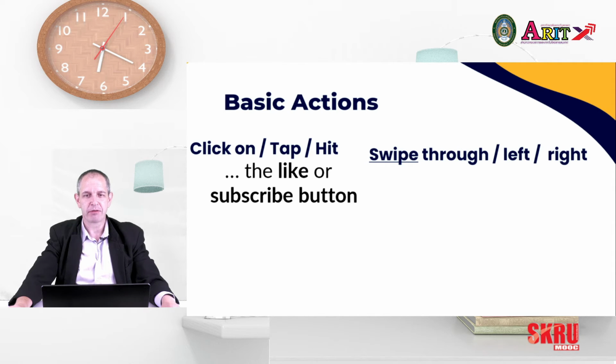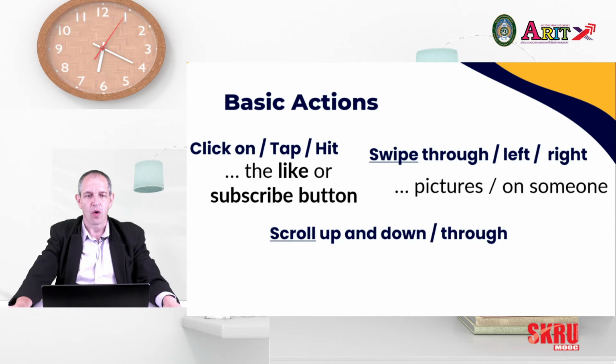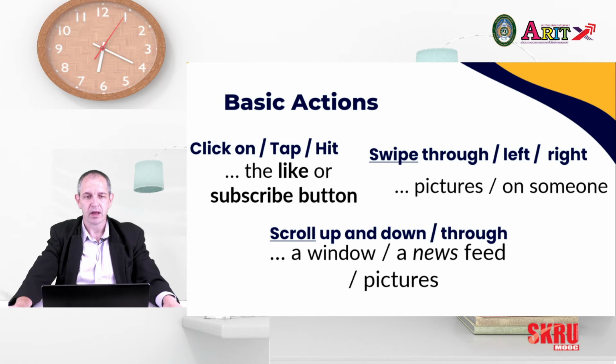People sometimes say swipe through or swipe left or swipe right when they're talking about phones and pads. We swipe through pictures, or we swipe left on someone or right on someone with different apps. We also say scroll, like scroll up or scroll down or scroll through.